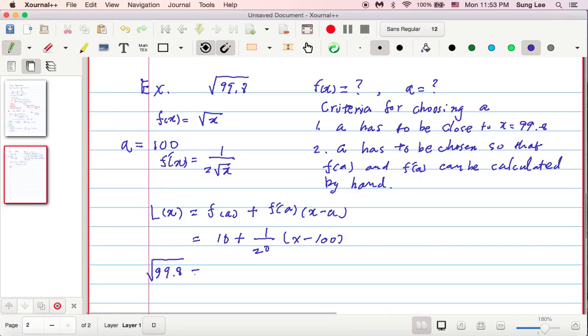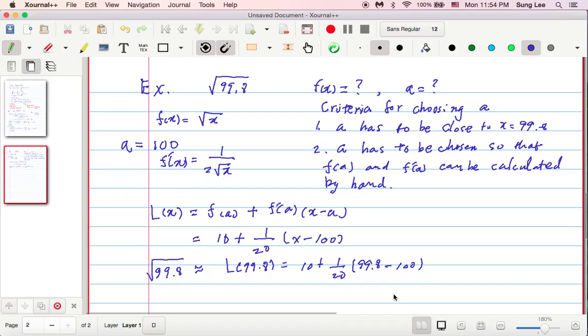So the square root of 99.8 is approximated by L of 99.8, which equals 10 plus 1 over 20 times 99.8 minus 100.